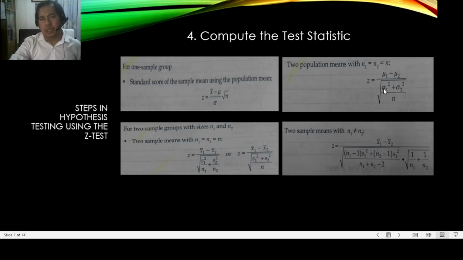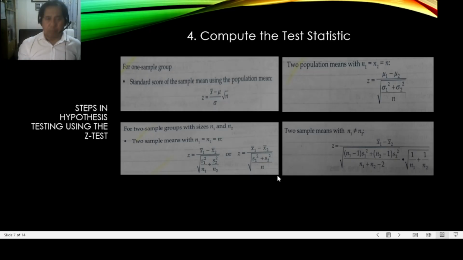Inverted Q, that is the population standard deviation. So these are the tools that we are going to make use of in the computation. So you just select the one that is related to your problem or to the situation in your data gathering.